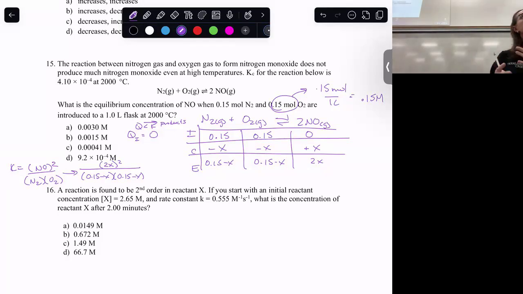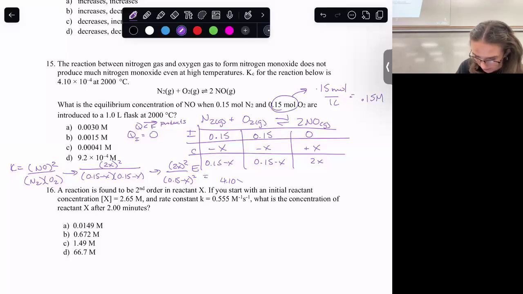It would probably work, but it's a little too close for comfort, because what can we do instead in order to make this easier for us? It's the perfect squares on the bottom. So we can have 2x squared over 0.15 minus x squared. Then we can square root both sides. This is equal to 4.10 times 10 to the negative 4. So then we can square root there.